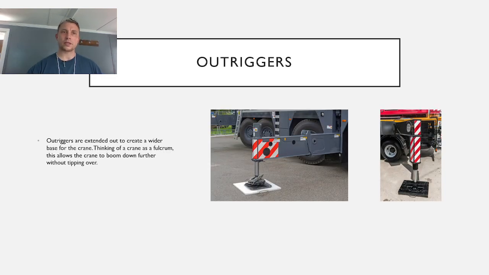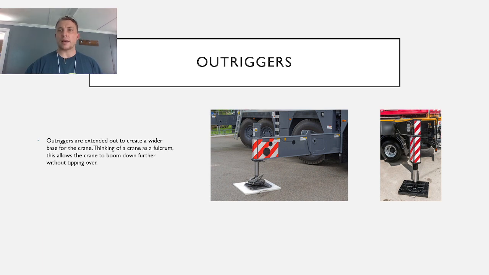Your outriggers, they're extended out. The whole purpose of an outrigger is to extend out your crane so that you have more structural stability. If you think of a crane like a fulcrum, if you're able to push your outriggers out more, it makes it harder for it to tip over. So the whole purpose of having outriggers is to have a more stable surface for it to set up on, so you don't tip over as easily.